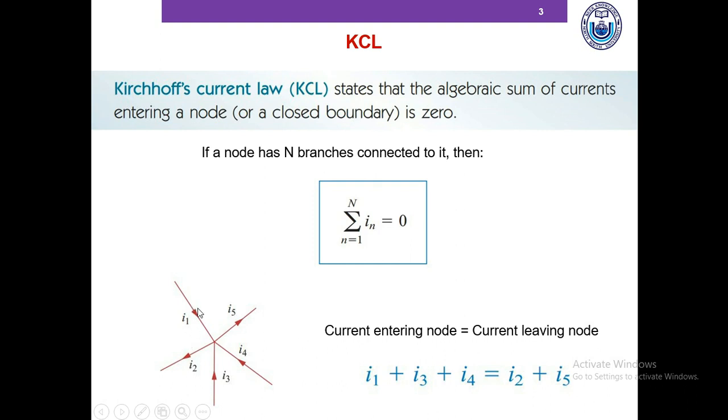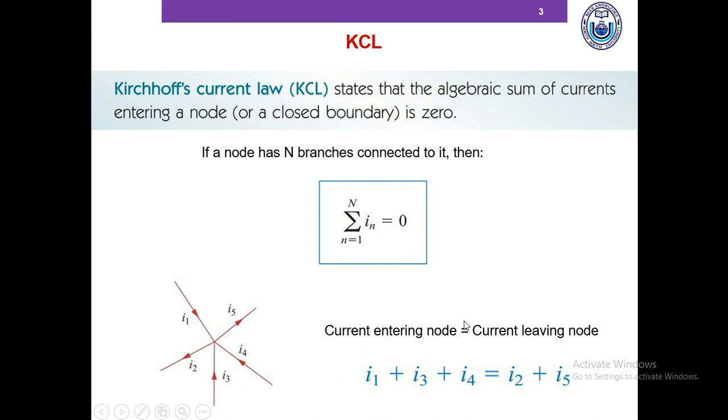So current I1 is entering the node, current I5 is leaving the node, current I4 is entering the node, and so on. So Kirchhoff's current law basically states that if we sum all the currents that are entering the node, and if we also sum all the currents that are leaving the node, we'll find that both of the currents are equal. So that is the main idea of KCL.